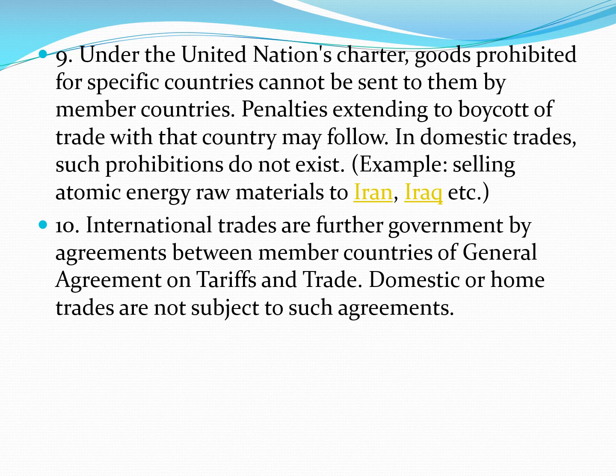Then penalties extending to boycott of trade with that country may follow. Okay, that also happens. In domestic trade, such probabilities do not exist. Usually in domestic trade we cannot see that. It doesn't happen in most cases.